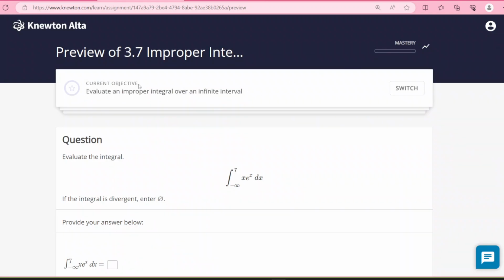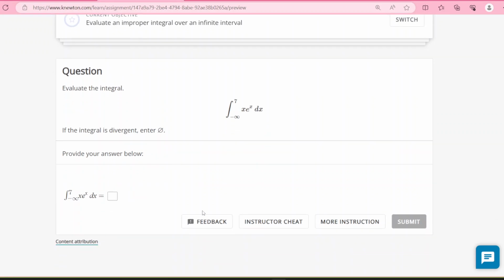You'll see a current objective, and underneath that, a question related to that current objective. At the bottom of every question, you should see a feedback button. If you see any typographical errors or problems with the answer explanations, anything at all, you can send feedback directly to Newton and hopefully they can fix things. You will not have this instructor cheat button, right?